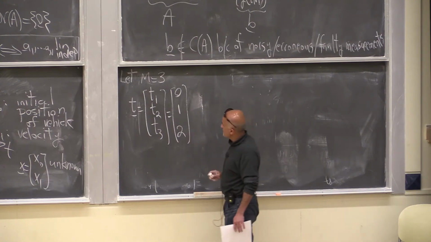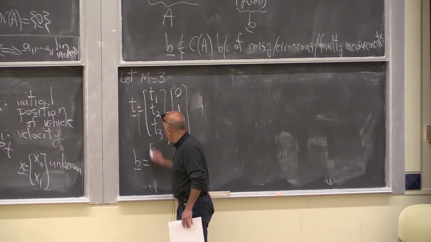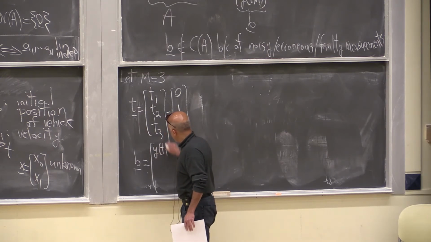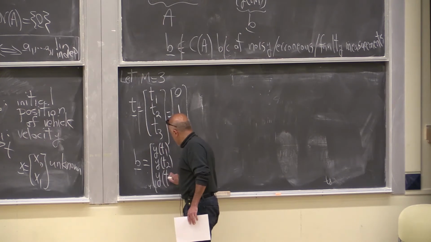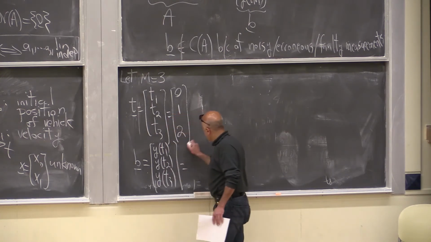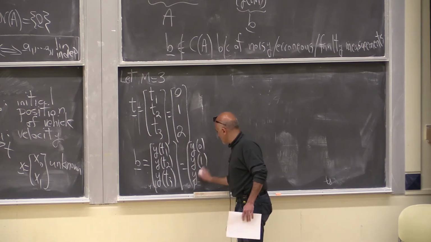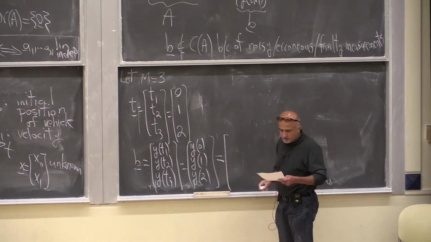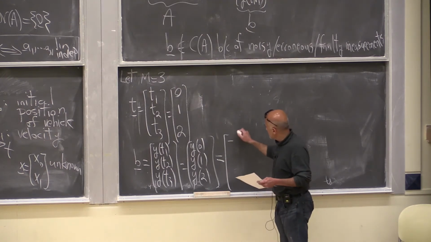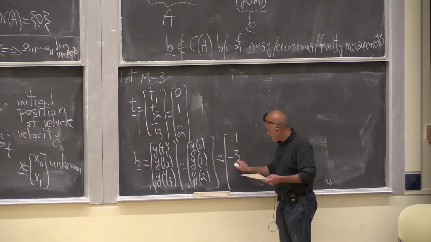So these are my time instants, and the actual measurements I make, y at 0, y at 1, and y at 2 seconds, are given by, what numbers did I have? -1, -3, and 1.